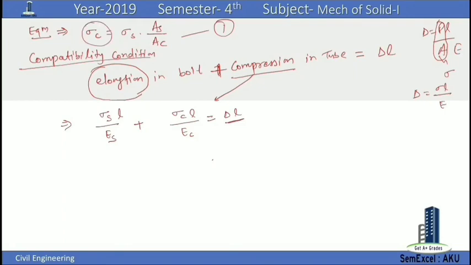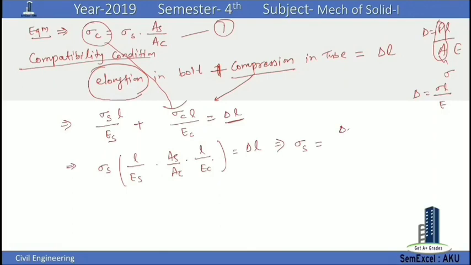We'll put the value of sigma C from equation 1 here. We'll take sigma S as common and we'll get L by ES into AS by AC into L by EC is equal to delta L. Further, if we resolve to calculate sigma S, we will get sigma S is equal to delta L by L into 1 by ES plus AS by AC into 1 by EC.